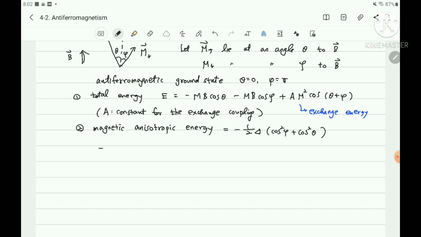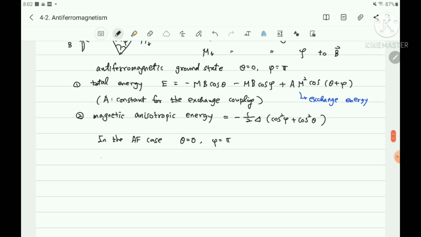In the antiferromagnetic case, theta equals 0 and phi equals pi. Therefore, the energy is minus mB plus mB minus A m squared minus delta, where delta is the magnetic anisotropic energy. It is natural because in the antiferromagnetic case, the spin up and spin down states cancel with each other.